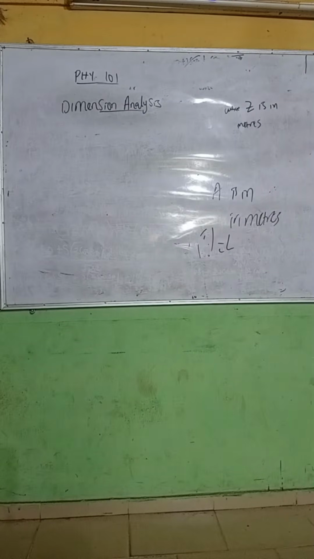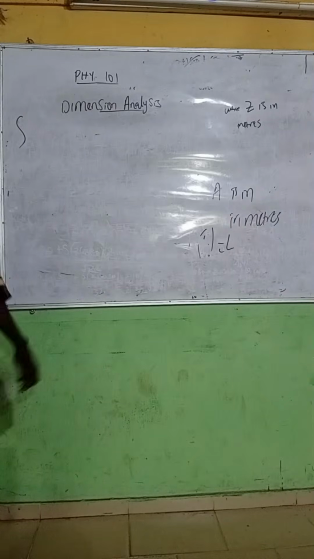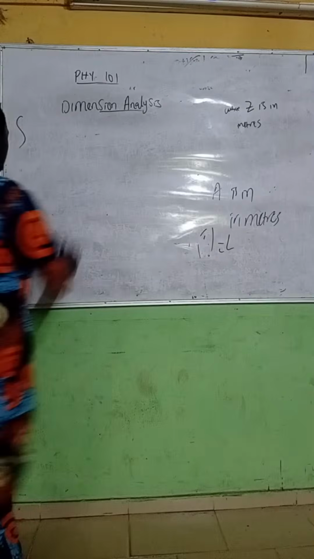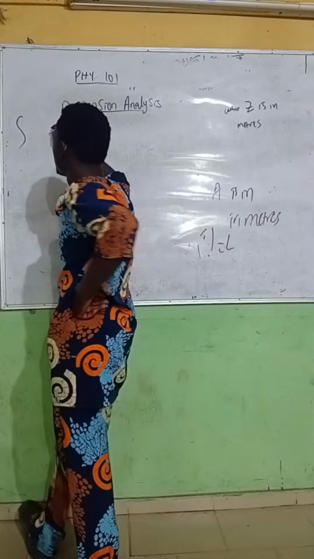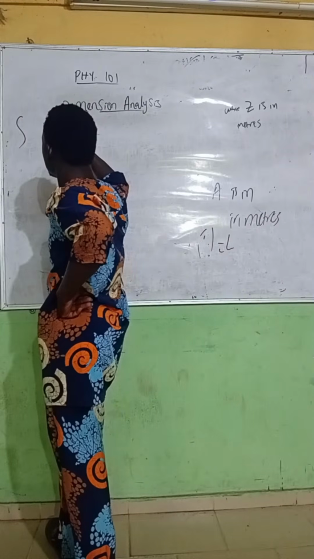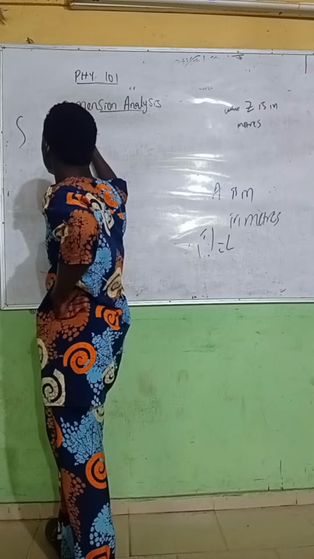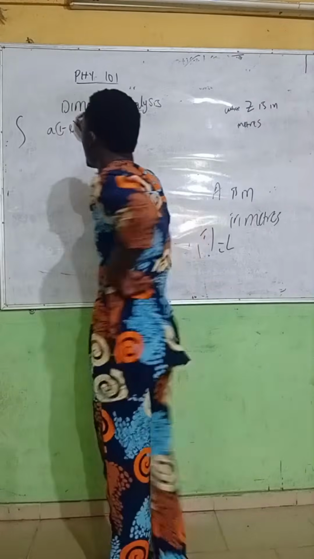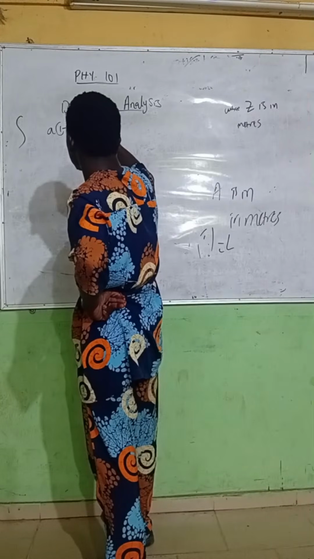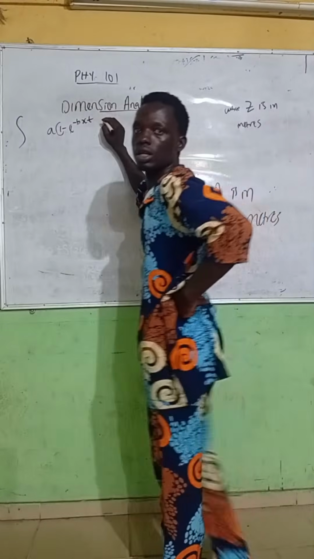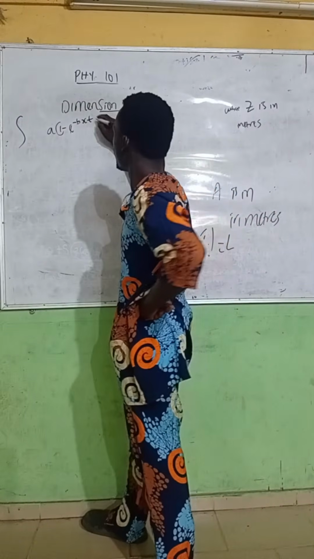Given that a quantity S, which represents speed, is equal to A into bracket 1 minus e raised to the power minus bxt, and x is displacement.